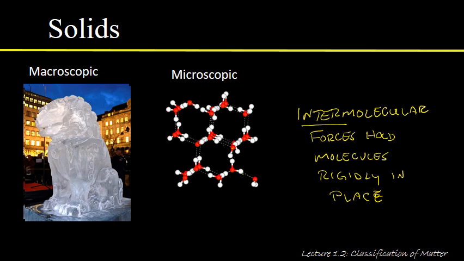All of these molecules are vibrating, right? But they can't rotate and they can't move from place to place. They're locked in position. And because they're locked in position, the bulk material, the ice, can't change its shape, because in order to change shape, the molecules would have to move around.